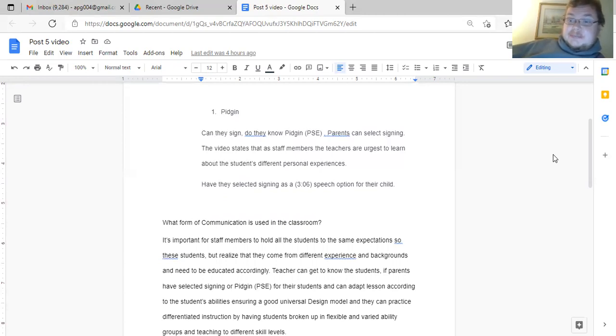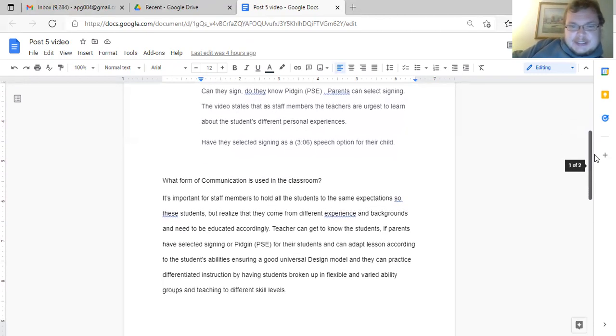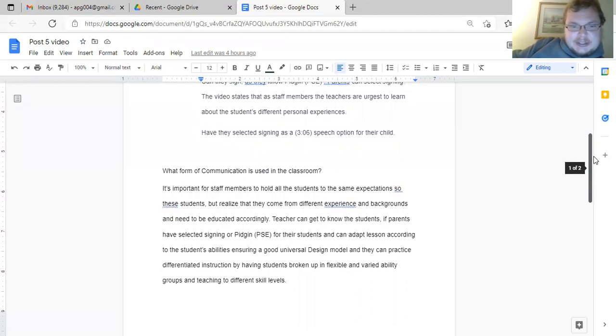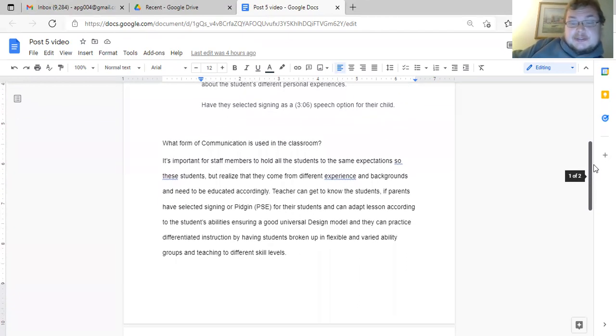That's an important decision, and both can be practiced in the classroom, ASL and Pidgin. Pidgin is also referred to as PSC.